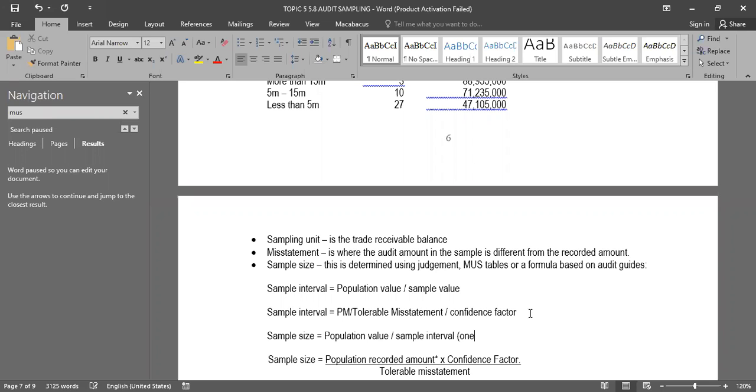So if I substitute the sampling interval in it, sample size is going to be equal to the population value divided by the sample interval, which is given by the tolerable misstatement divided by the confidence factor.